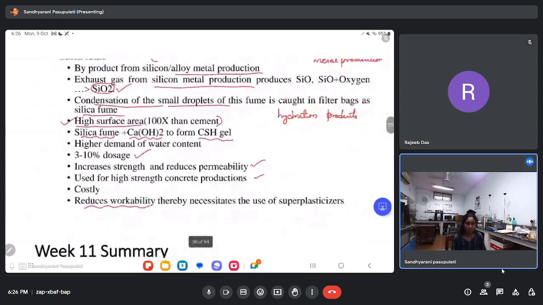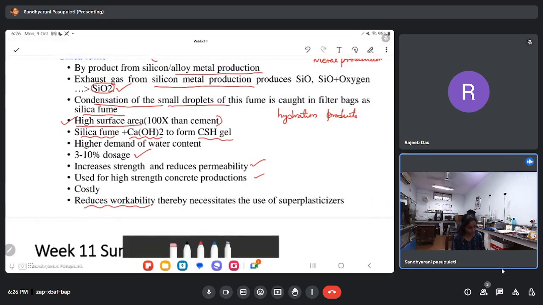In those cases, you cannot keep on adding water, because that would again be disadvantageous to the strength of the cement. Thereby, if we want better strength but also better workability, in those cases we will go for superplasticizers. So these superplasticizers are exactly like the emulsion we discussed in the bituminous mixtures.